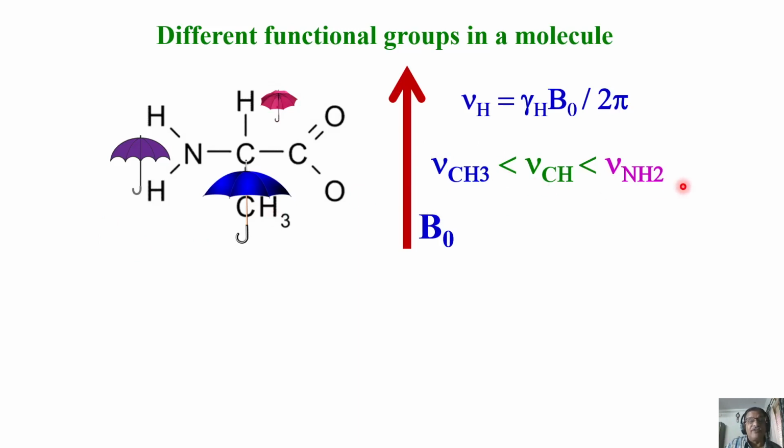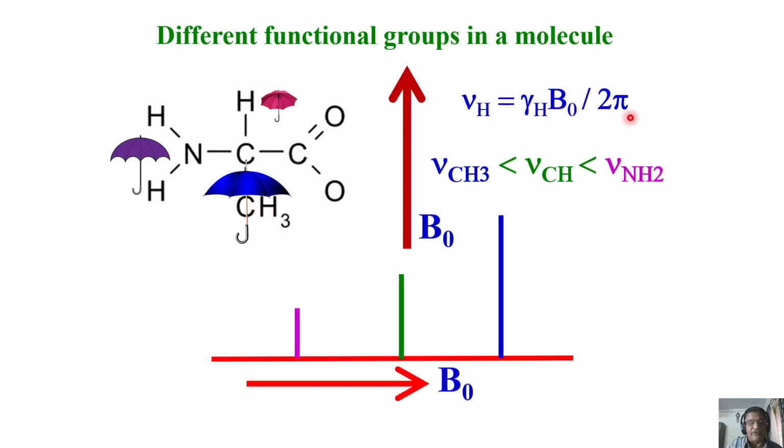That means the fields seen by these different functional groups are B naught plus induced fields which are different. As a consequence, you don't get a single peak now for this molecule. You get three different peaks. One peak for CH3, one peak for NH2, and one peak for CH.